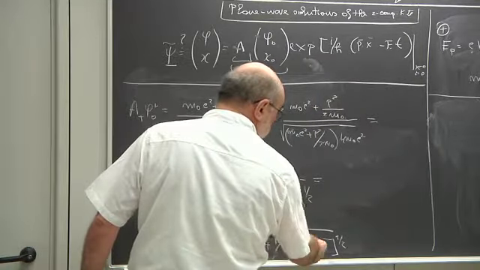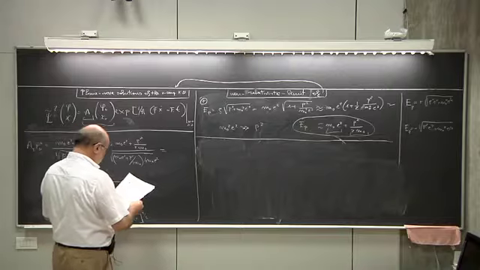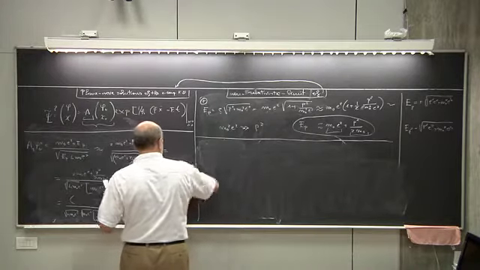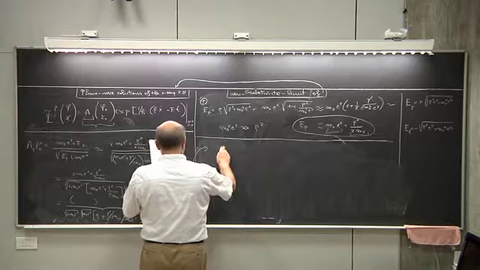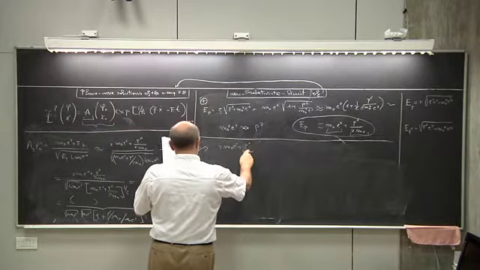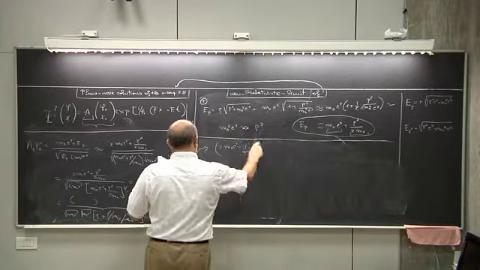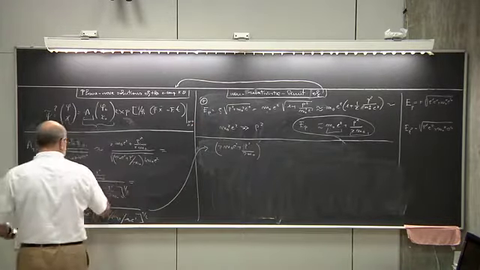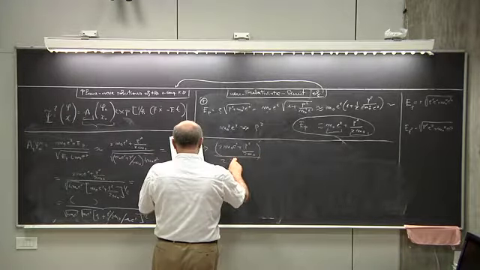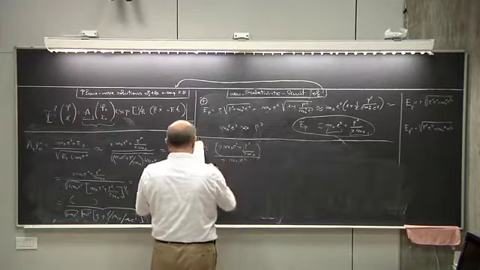Let's expand these because this quantity is very small. It's the kinetic energy over the mass energy and is very small. So if you do, you get the following things. 2m0 c square plus p square over 2m0. That was the numerator. This numerator is this, over 2m0 c square.